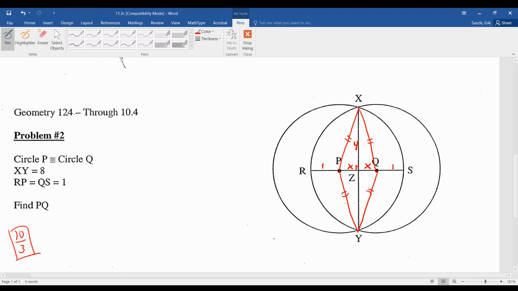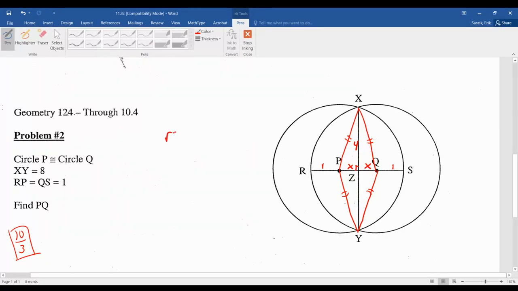Now, this is where you got to think. So, we're talking about circle P. So that means from here all the way out to here is also a radius of P. And then circle Q, you get the same thing from here to here. You see this radius of circle P, x, x, and 1.